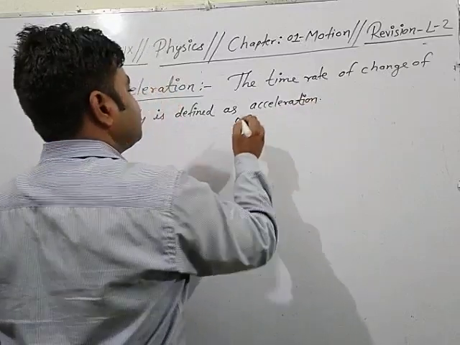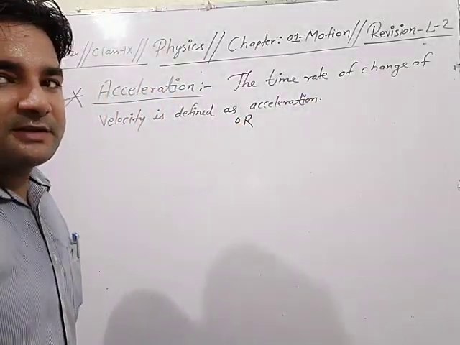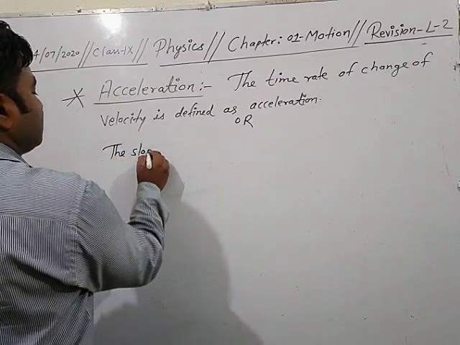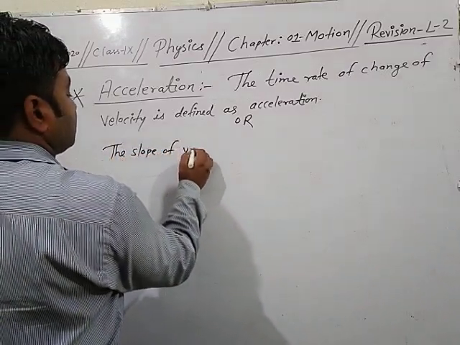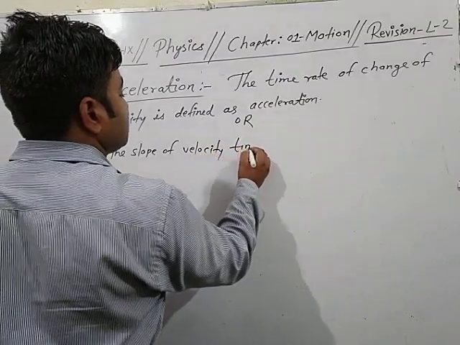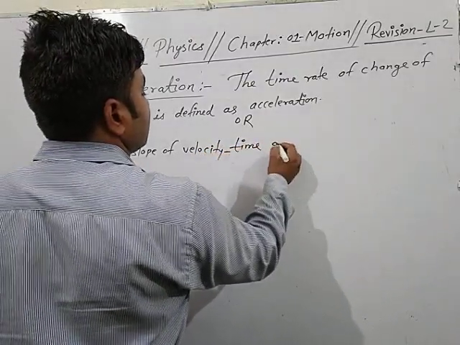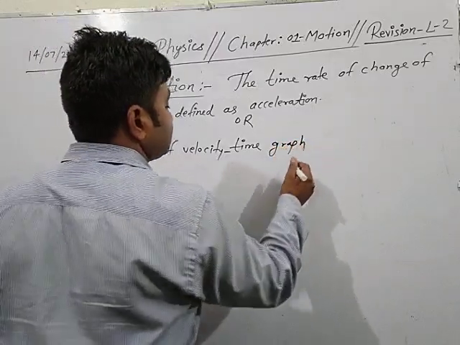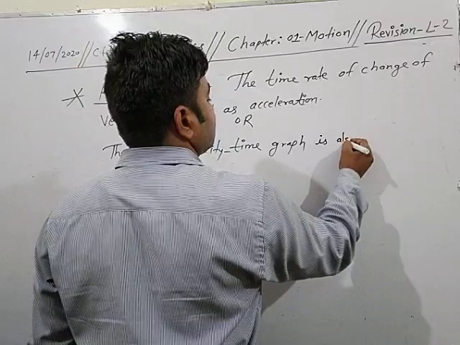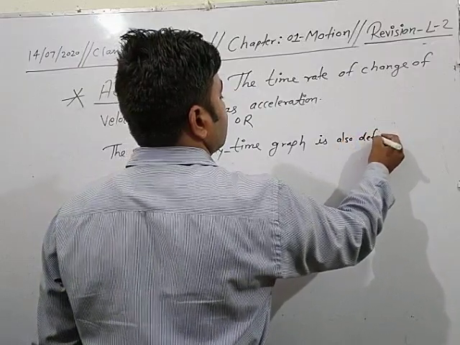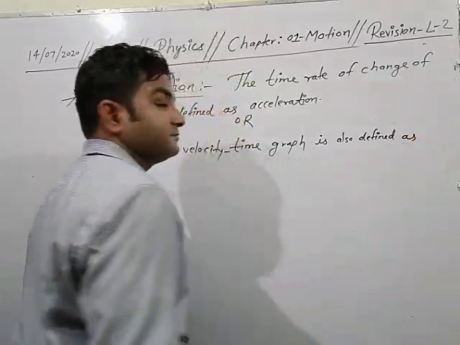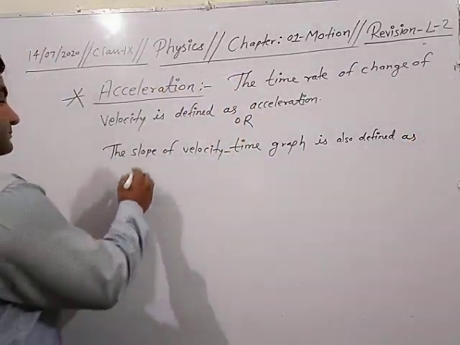In other words, the slope of the velocity-time graph is also defined as acceleration.